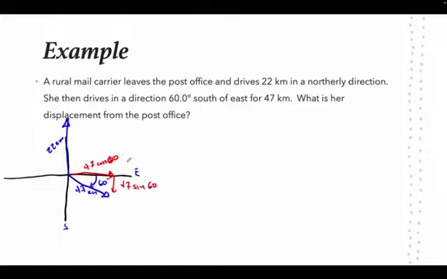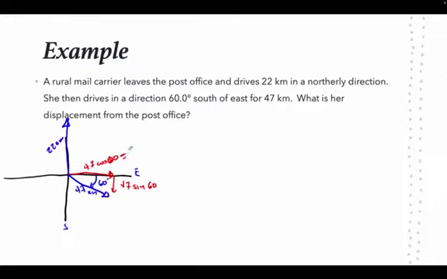Okay, I'm back with the calculator. Let's find this out right here. 47 cosine 60 will be equal to 23.5.